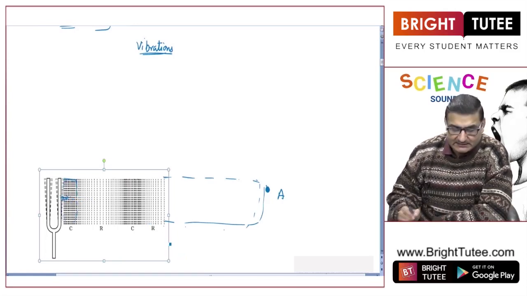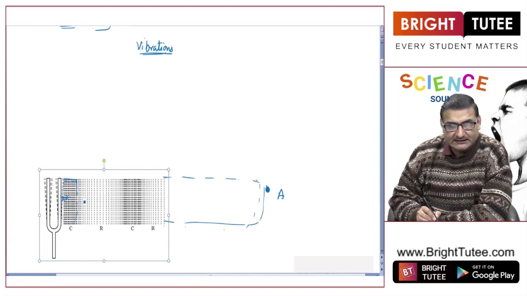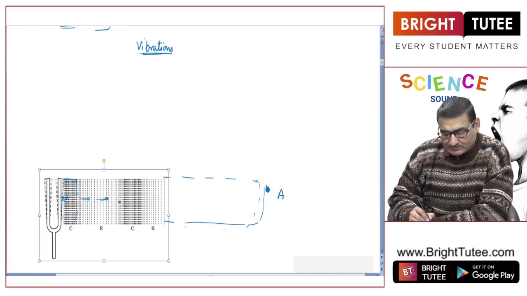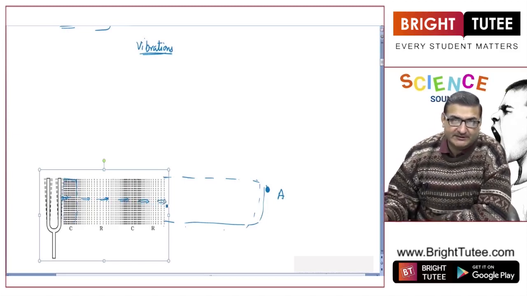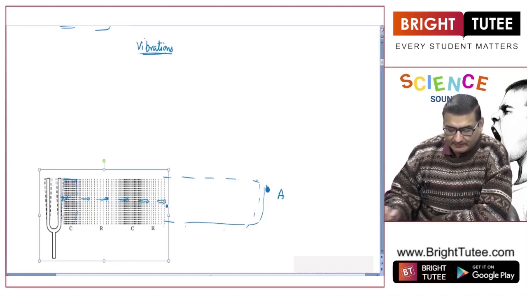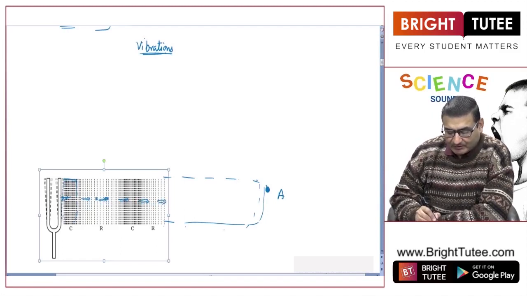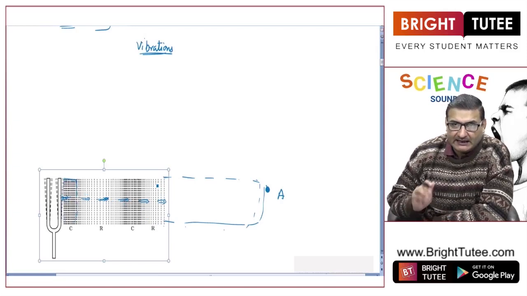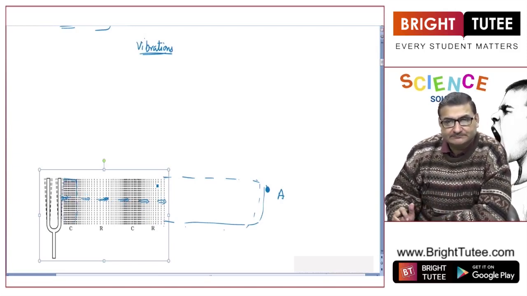So now the next particles, the next layer, will be compressed. Again these particles, when compressed, will exert pressure ahead, and this is the kind of movement they will be producing. The particles of air exert pressure on the particles ahead of them, and after hitting them and making them a bit compressed, they come back to their normal position.